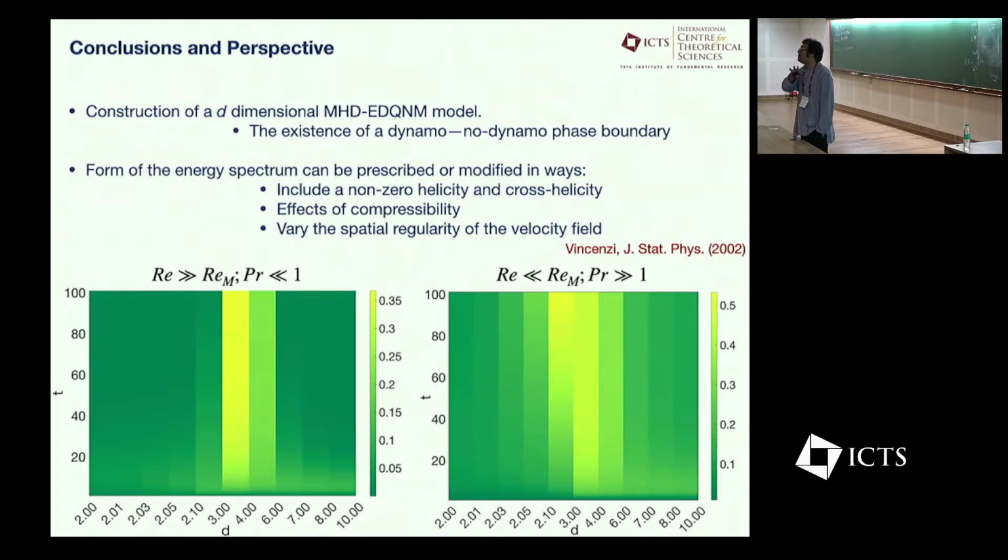So here the interest is not so much in the structure of the magnetic field, but in the structure of the triadic interactions which these nonlinear equations have. And the geometries of those triads certainly make sense in arbitrary dimensions.